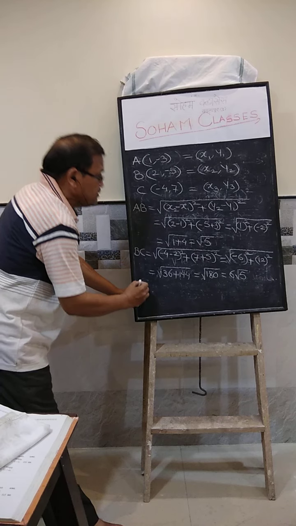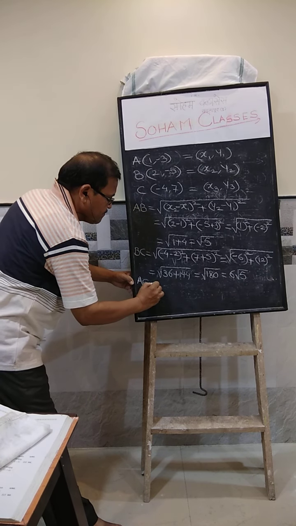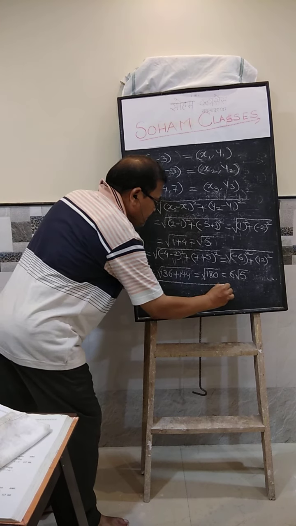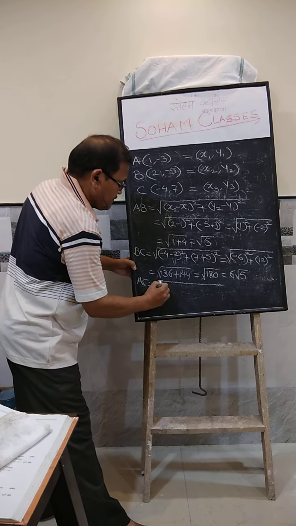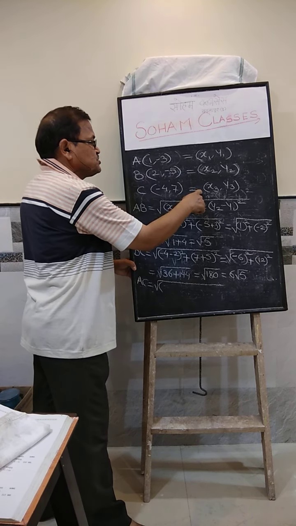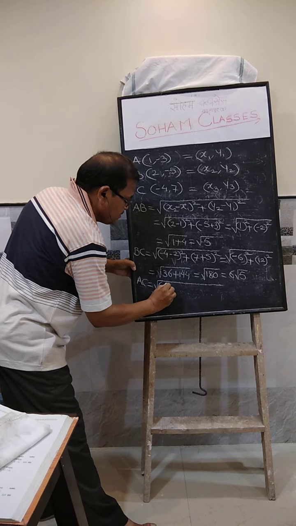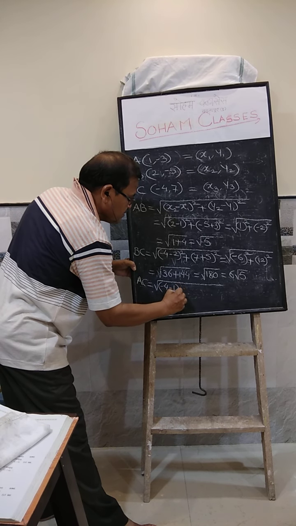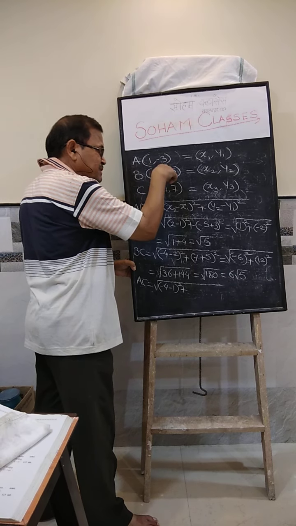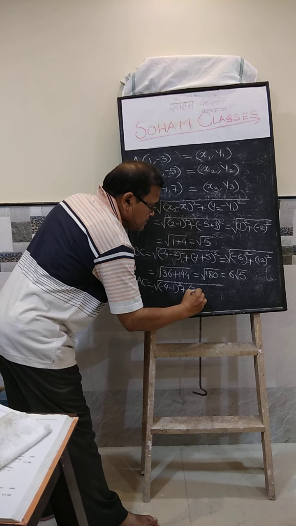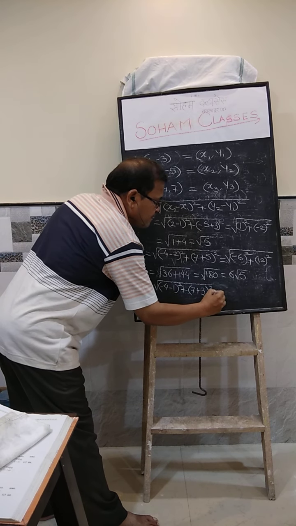And the distance between A and C: x3 minus x1, so minus 4 minus 1 bracket square, plus 7 minus 3 bracket square.